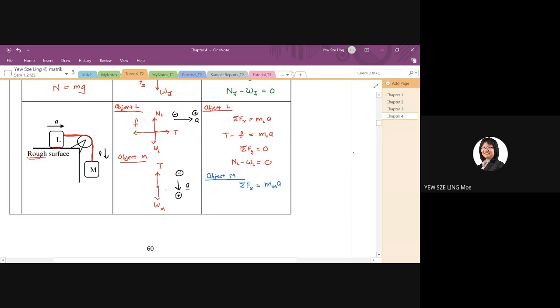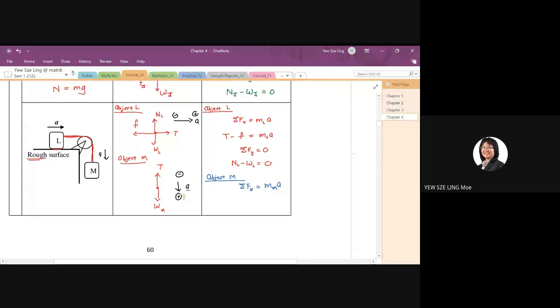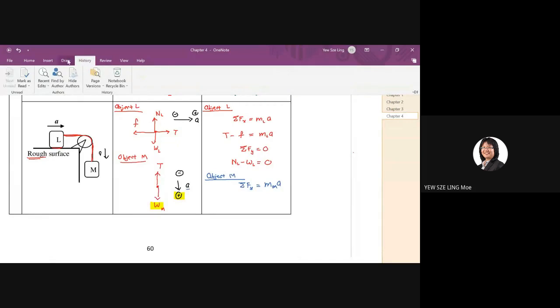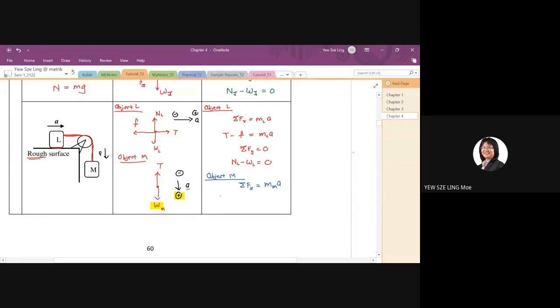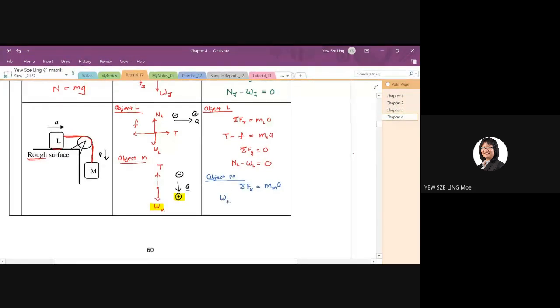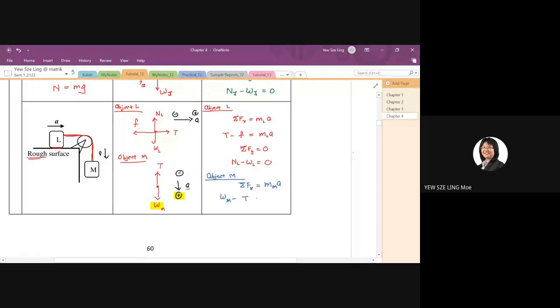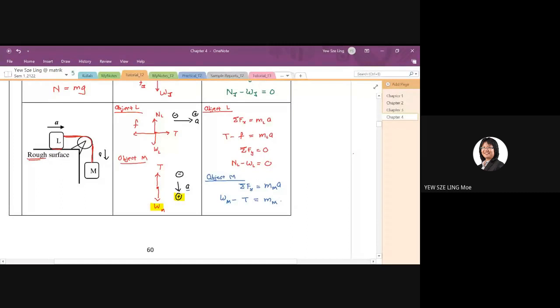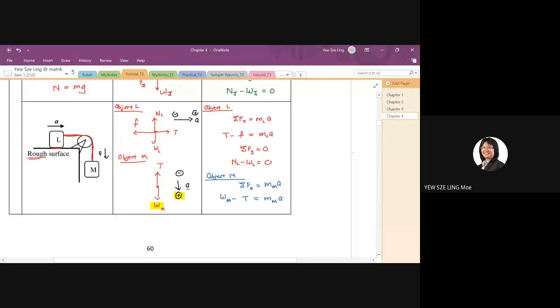Now, how are we going to expand it? If you look at the diagram, I say downwards is the positive direction. Therefore, W is a positive value. So when I expand it, I'm going to use WM minus T equals MA. So this is how I solve it.